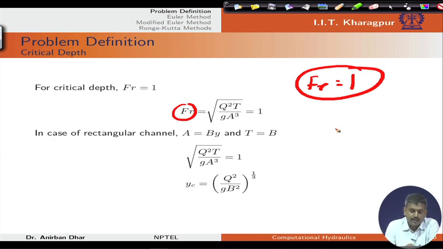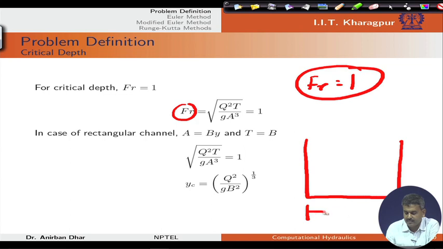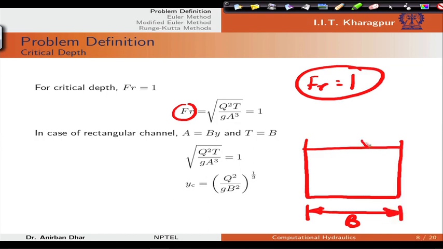And in a rectangular channel, which is the most simplified case, this is B, and for flow depth, if this is y, then we can calculate the area.